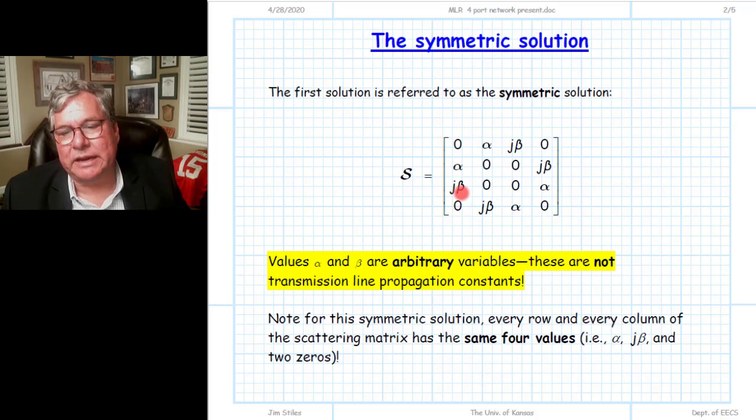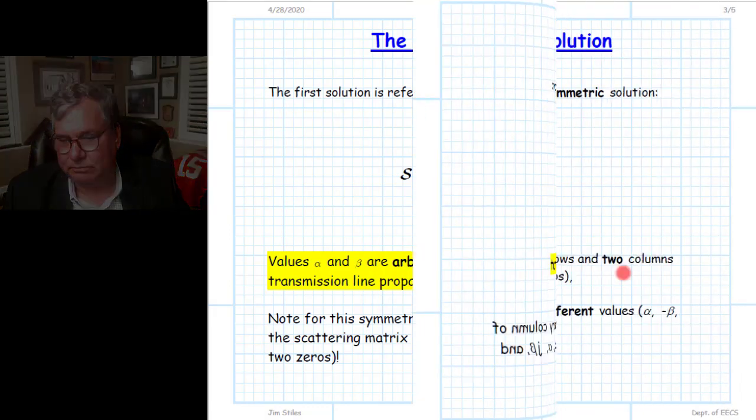For the most part, though, we typically write this with alpha and beta being real values, although they don't have to be mathematically. So this is one solution. We see that it's matched, the diagonal elements are equal to 0, and that it is symmetric. You can go through and show that the columns are orthogonal to each other given another constraint on both alpha and beta, which we'll see in a second.